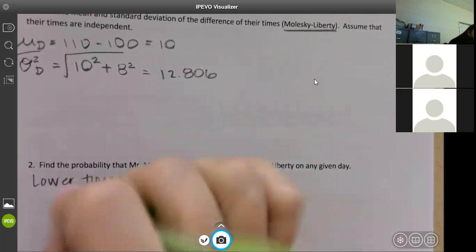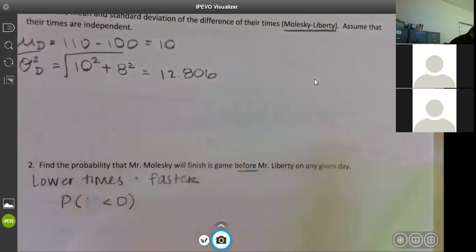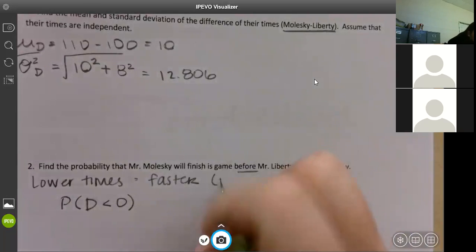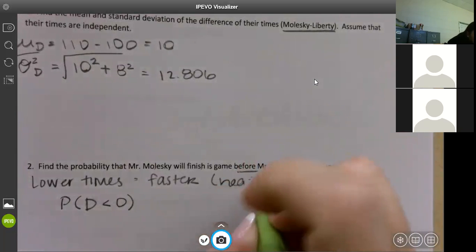That's a D, I know it looks like a 0, I'll fix it. Why do we want the difference less than 0 and not greater than 0? Same thing as last time. We just talked about that negative time makes the person faster. So we want a negative time to know that they're faster on the difference.